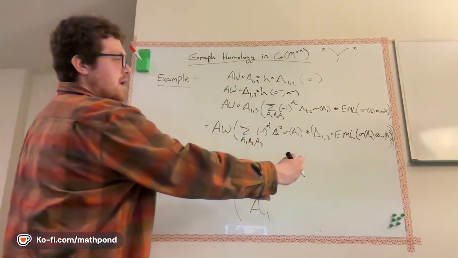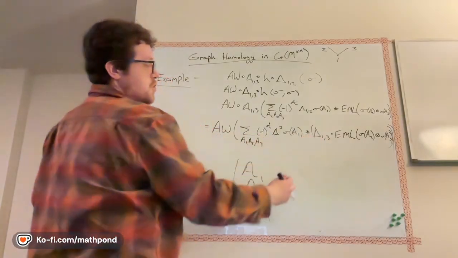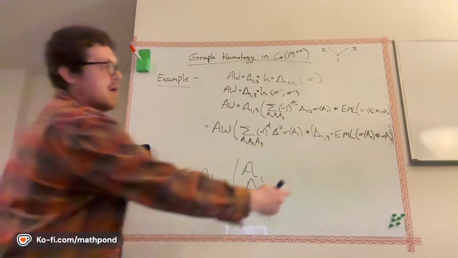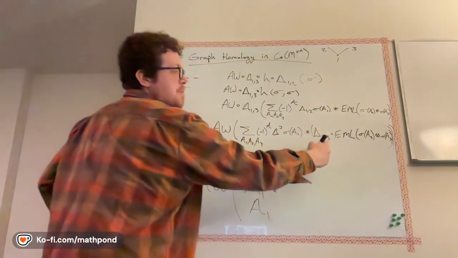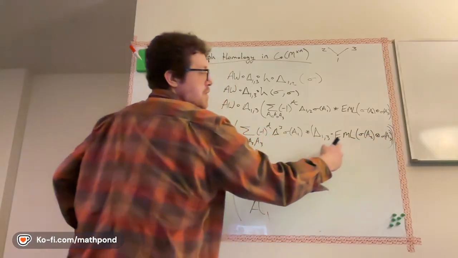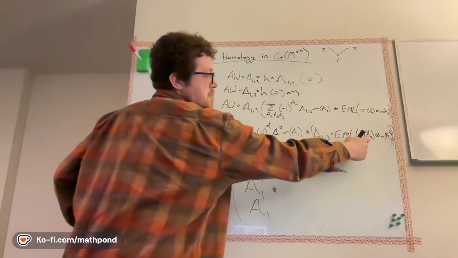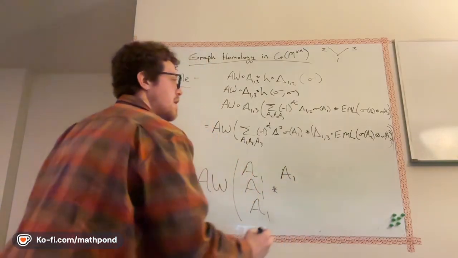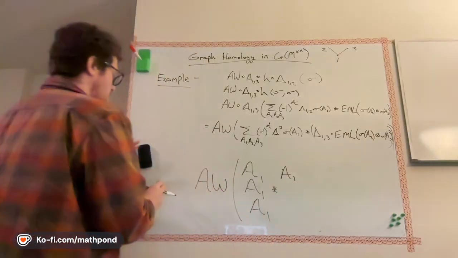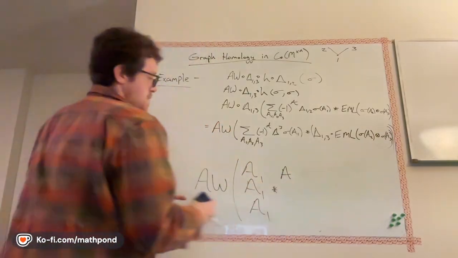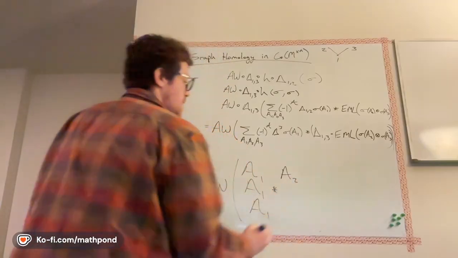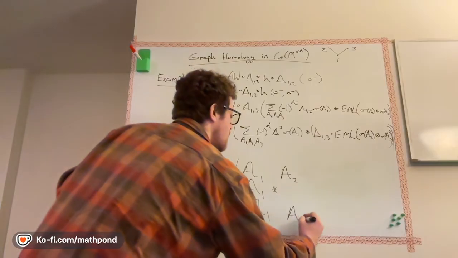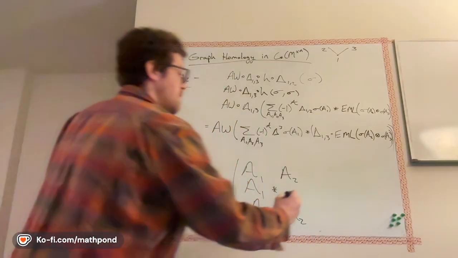Then it's joined with A2 and A3, where the A2 has been copied to the third position. So it's like A1, A2, A2, and then A3.